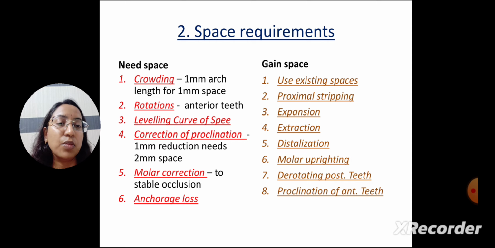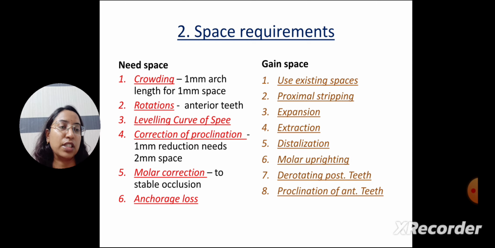Then molar distalization: we can push the posterior teeth back to gain space in the arch. This is especially indicated when the profile is very good. Then molar uprighting: when the molar is slanted, it takes up more space in the arch, so when we upright it, it is going to give us some space.